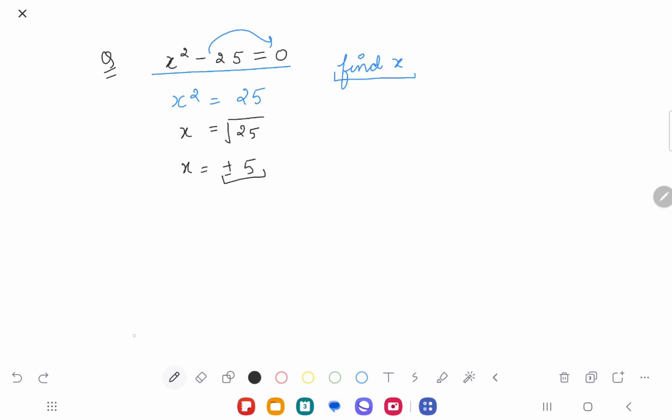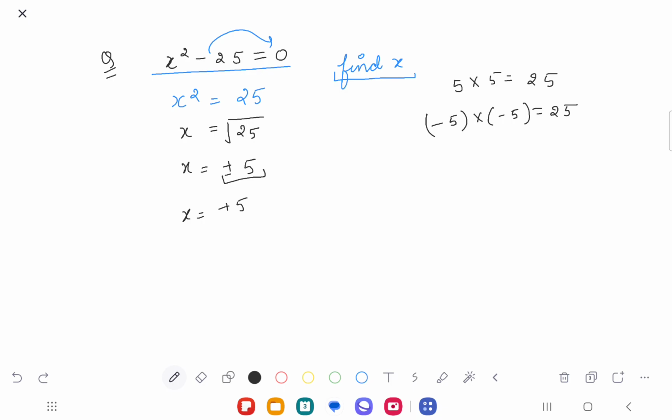So my answer shall be x can be plus 5 as well, because you know that 5 times 5 is also 25, and minus 5 times minus 5 is also 25, isn't it? Yes or no?